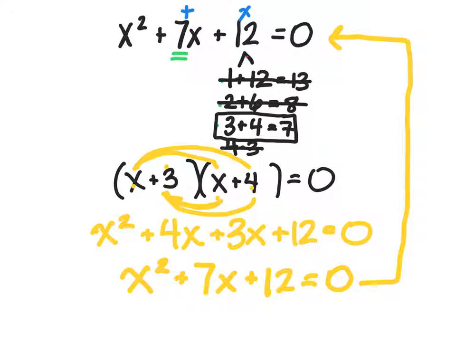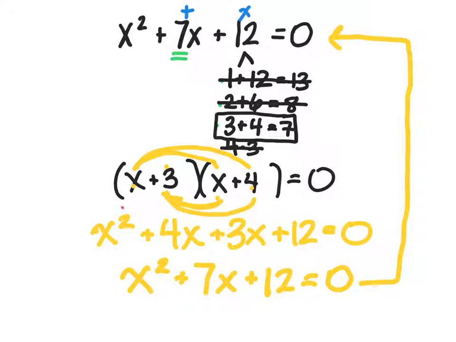So we made our C tree, we came up with our list of factors, and then we needed to figure out what multiplied to 12 added to 7. So I looked through each one of my factor sets to figure out which one added to positive 7. When I figured out that that was 3 and 4, I could then plug this into my factored form to say x plus 3, x plus 4 equals 0.